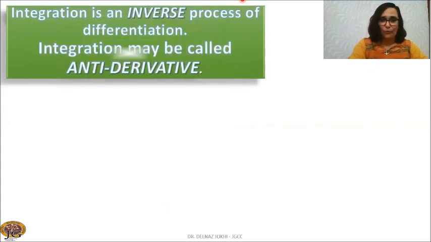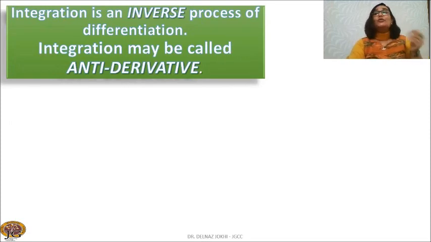Okay, so now I have told you that you have to remember that integration is the inverse of differentiation. And as you read on your screen, integration is also known many a times as antiderivative. Now, you must be wondering why is integration the inverse of differentiation?